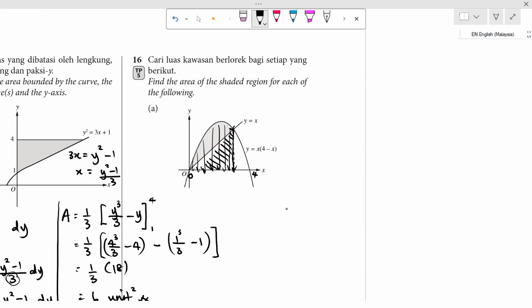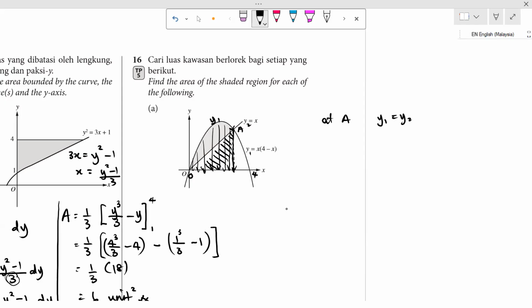So at this point, let's call it A, at A, the y1 equals y2. Let the upper one be y1, the lower one be y2. Always take the upper one minus the lower one.